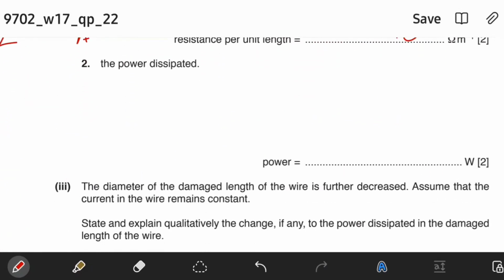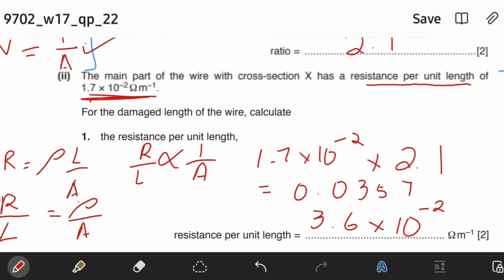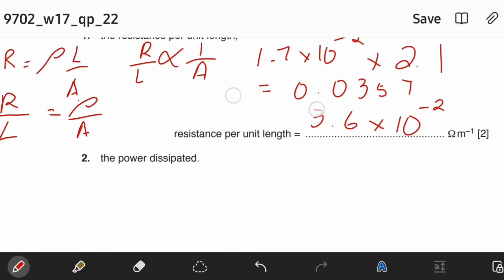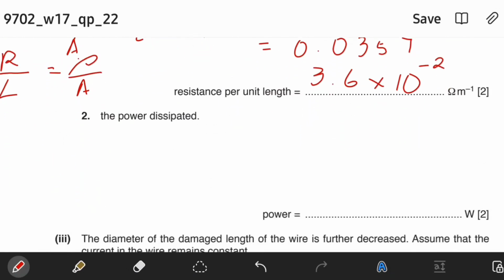Now you need to find the power dissipated in x, right? No, sorry, in y, the damaged length, y. So for power dissipated in y, you can use the formula power is equal to I square R. This R can be calculated through this answer found in the first part.